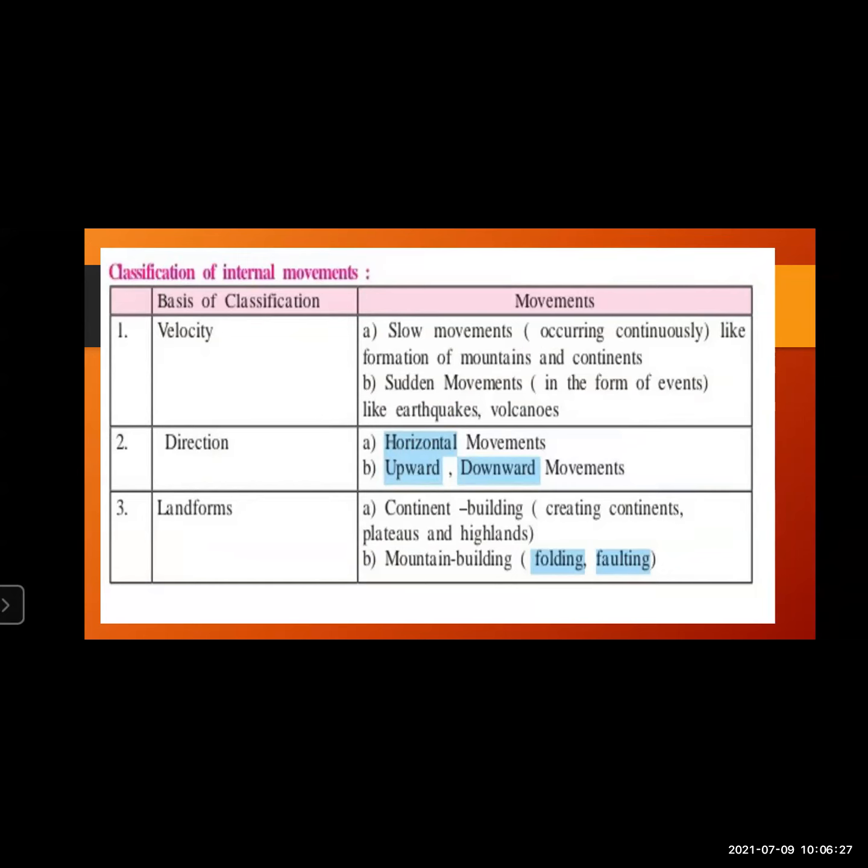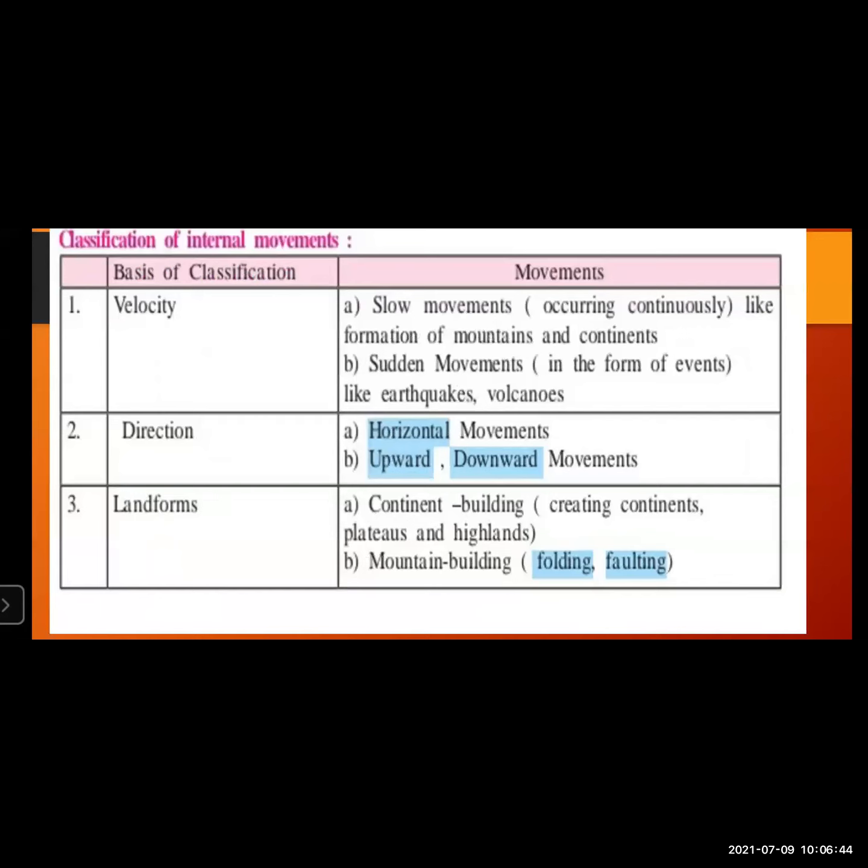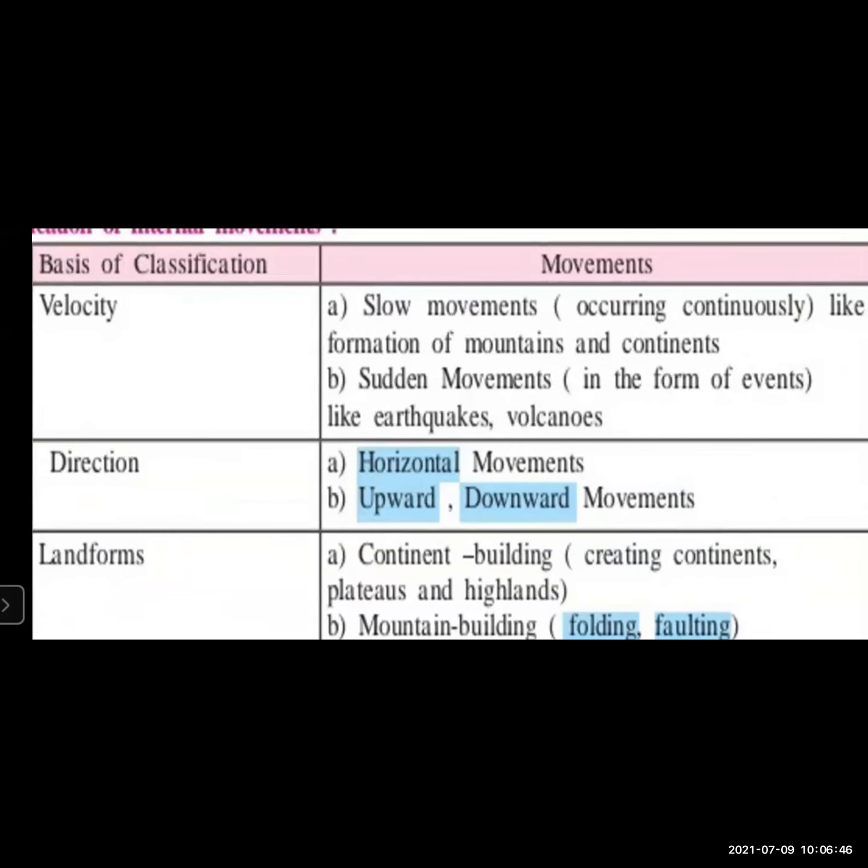Try to understand the diagram. Because of the speed of the internal movement, the movements are of two types. One is slow movement and one is sudden or quick movement. Because of the slow movement occurring continuously, the formation of mountains and continents takes place.